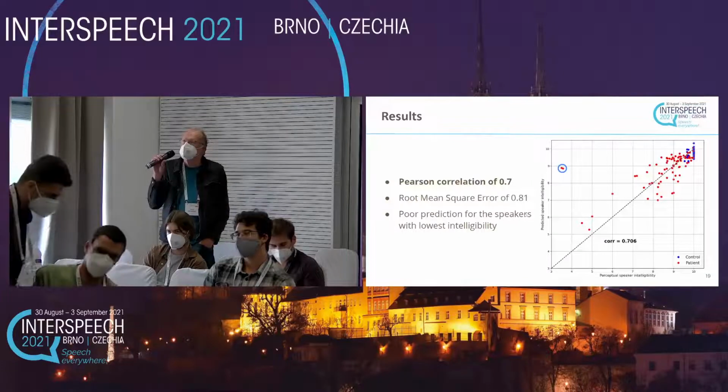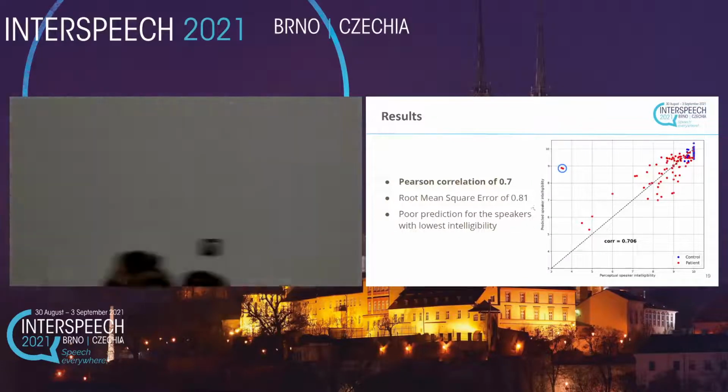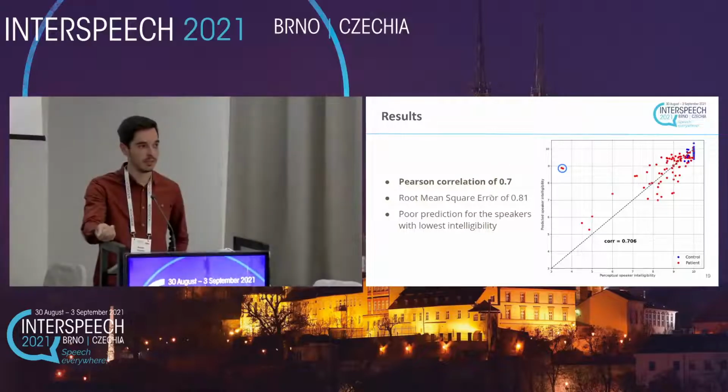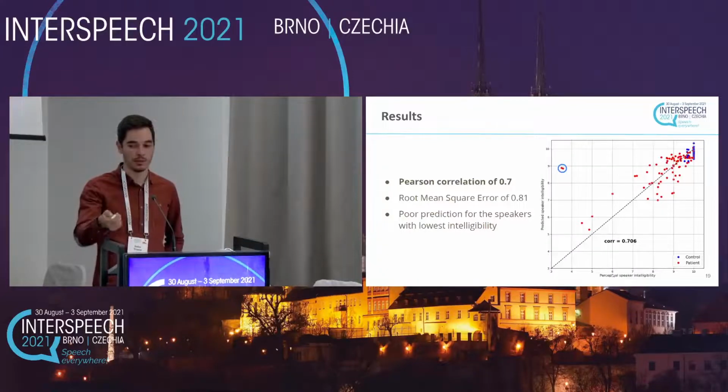Okay. So here we have our prediction of speaker intelligibility. And on the x-axis we have the perceptual speaker intelligibility, which has been annotated by speech therapists. So we have the prediction between 0 to 10 and the perceptual one between 0 to 10. Yeah, sorry.